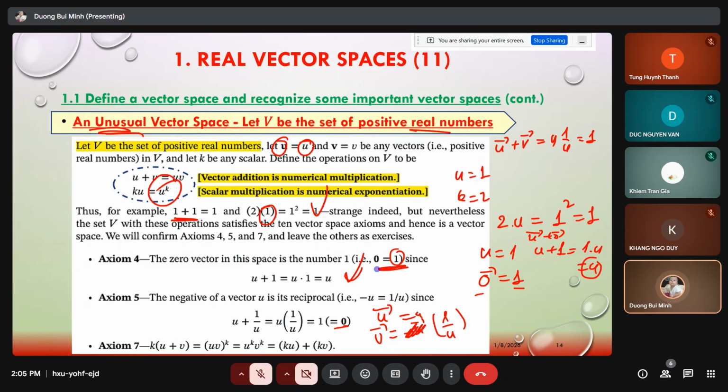For example, the vector space is the set of positive real numbers. It must be positive, because if negative, it is wrong.